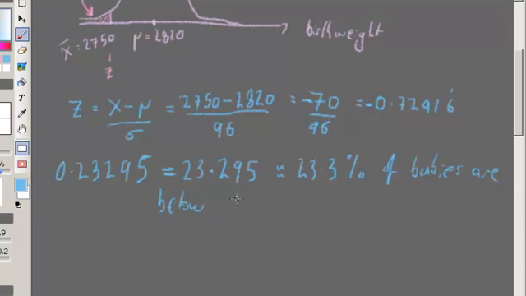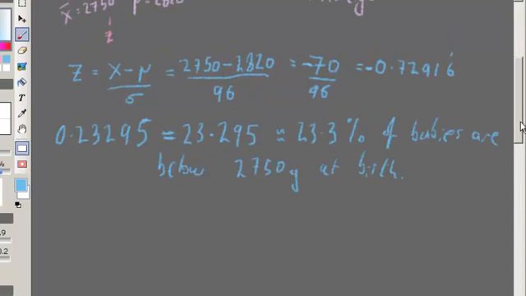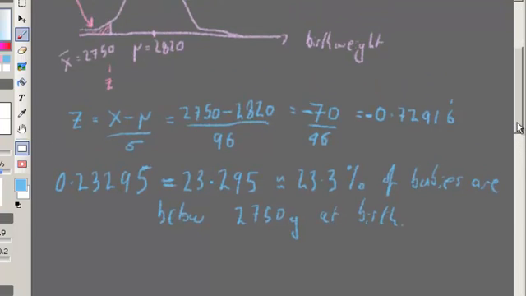So we've got 23.295, or 23.3% of babies are below that birth weight.